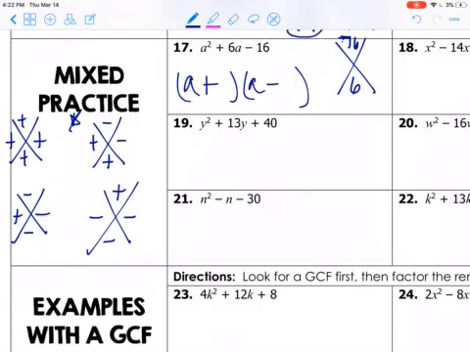Things that multiply to be 16, we know are 1 and 16, 2 and 8, and 4 and 4. So the only one that's going to give us 6 is 2 and 8, and one of them needs to be negative. So the 2 would go here and the 8 would go there.